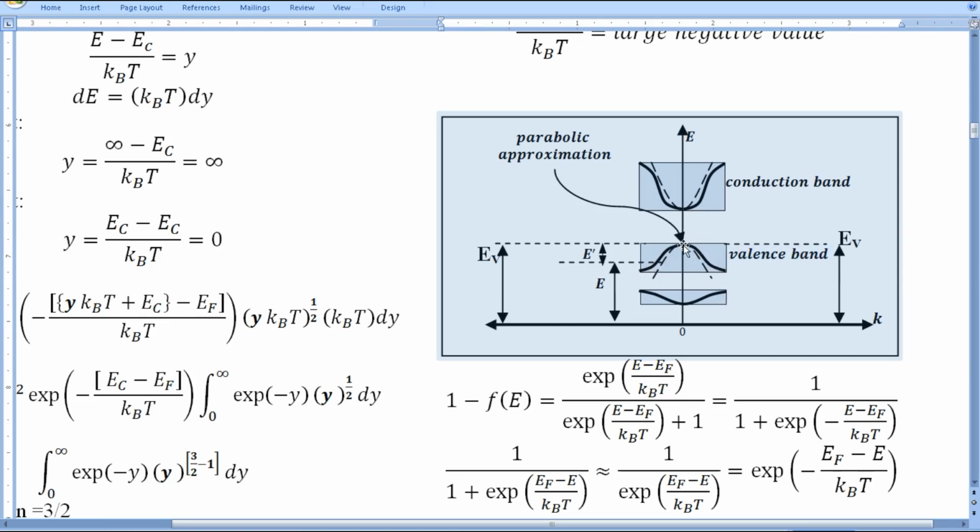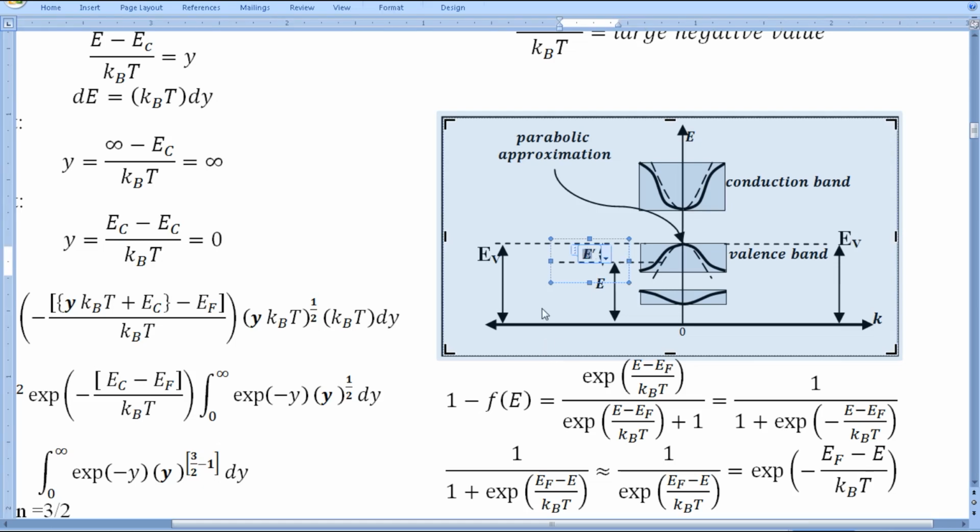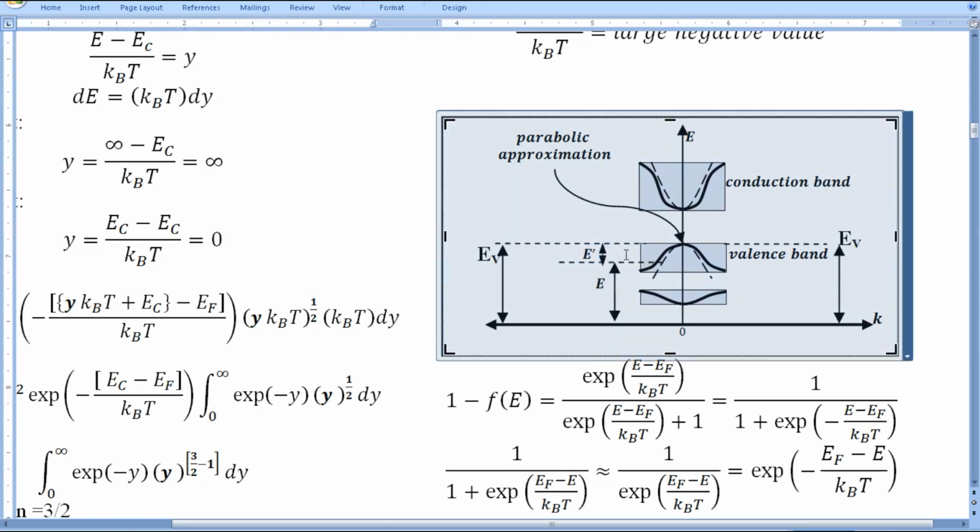So the 0 of the density of states is calculated with respect to EV, and any energy on this dark line, if you refer to it as E dash, this E dash is of course measured with respect to the valence band edge. So whatever point you measure here with respect to this edge is called E dash, and with respect to ground, the 0, we are calling it E. The same point refers to E from this side, and with respect to this EV it is E dash.